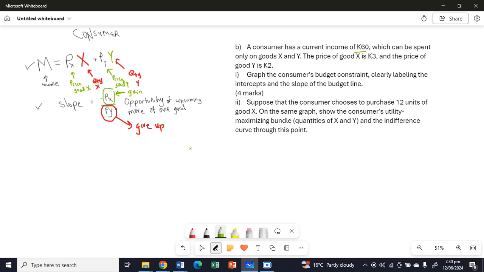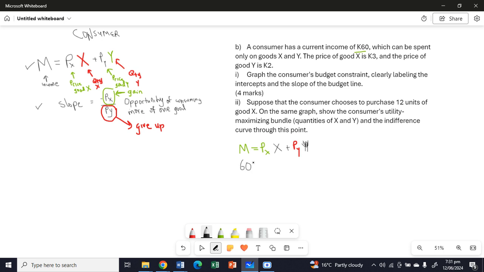So let me just write it here. In this case, the income is 60 kwacha, so we replace M with 60.